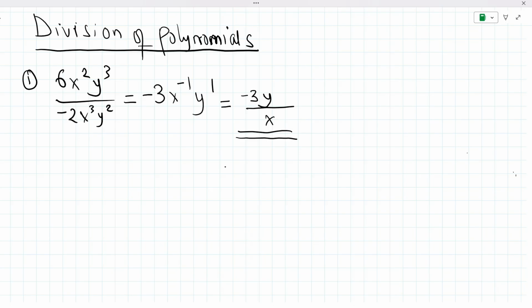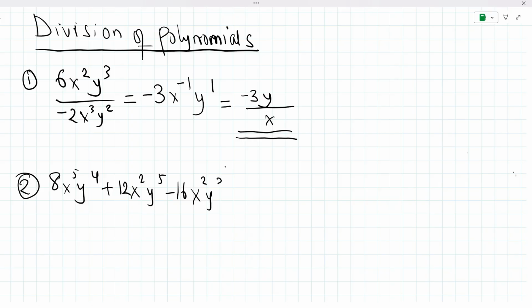Okay, let's try out a second example then. This one's 8x to the power 5, y to the power 4, plus 12x squared, y to the power 5, minus 16x squared, y cubed.